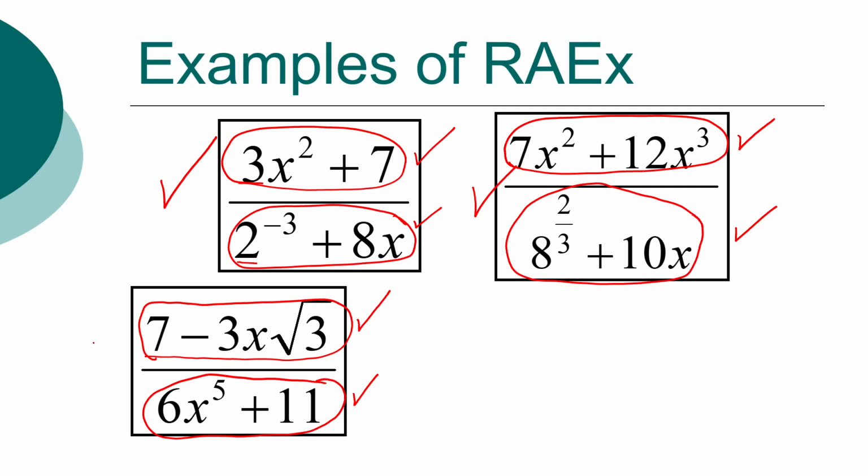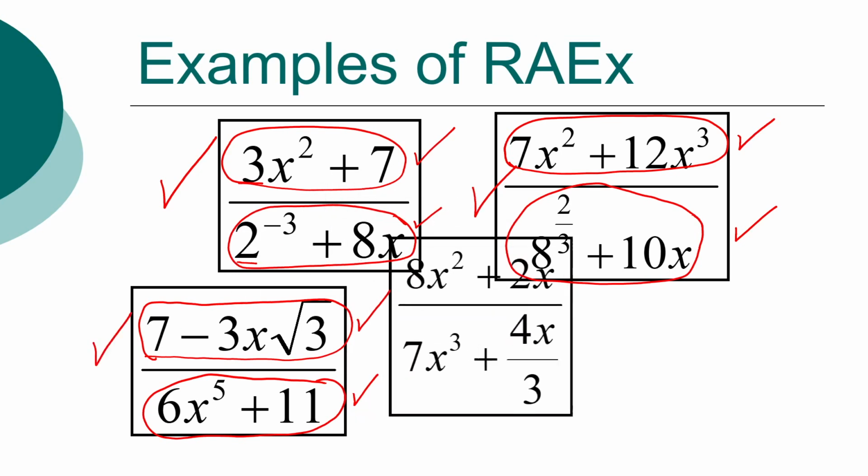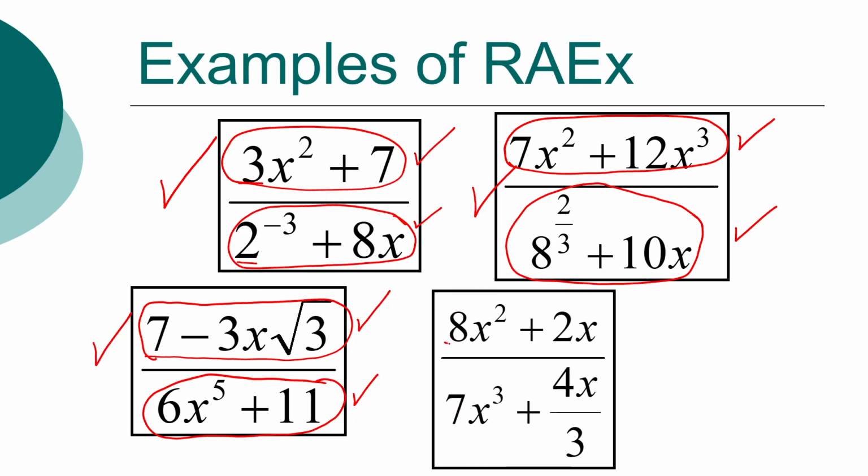This is Ra-X. Look at the last example. Is this a polynomial? Polynomial, sir. What about the denominator? Is this a polynomial? Polynomial, sir, because it is a number, there is no variable in the denominator. So therefore, this is a Ra-X.